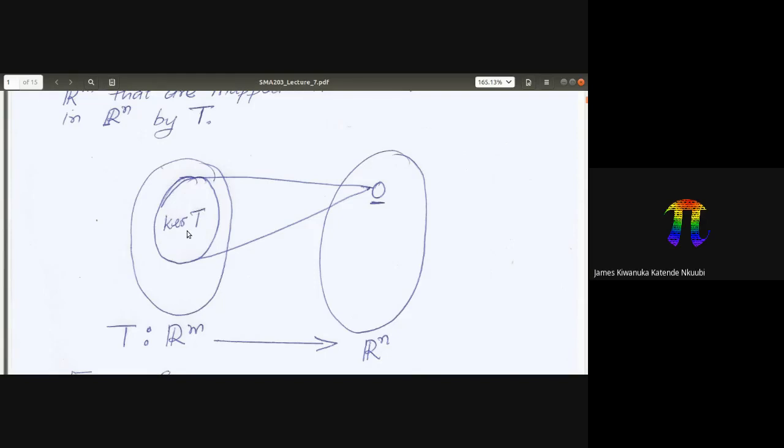The zero vector is always an element of a kernel. There are situations where it is the only element in the kernel, and yes, that can happen. But then there are also situations where there's more than just the zero vector in the kernel. But the zero in Rm and the zero in Rn will be different, because the zero in Rm is different from the zero in Rn.